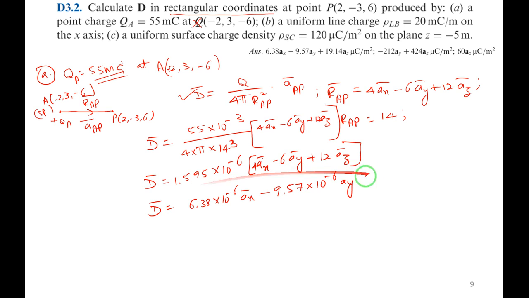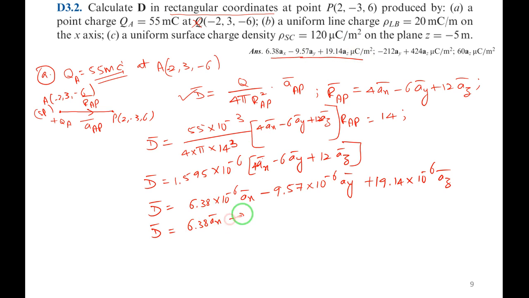Then multiplying with 12, I'm getting 19.14 into 10 power minus 6 az. Taking 10 power minus 6 common, we get the same answer: D is 6.38 ax minus 9.57 ay plus 19.14 az microcoulombs per meter squared.